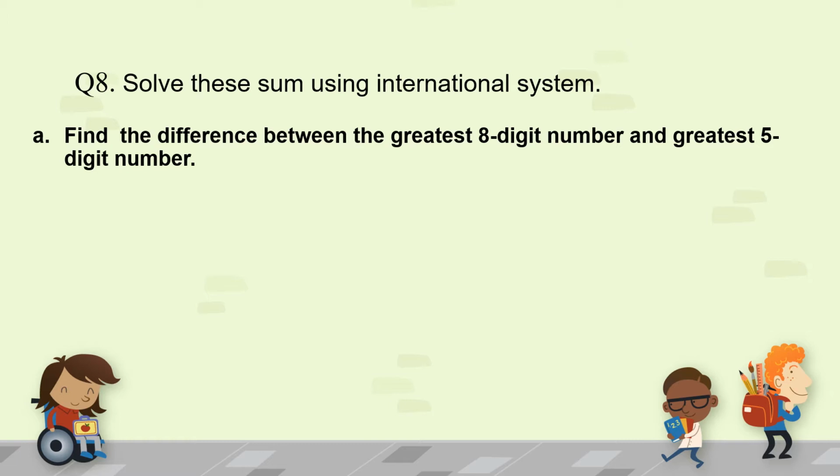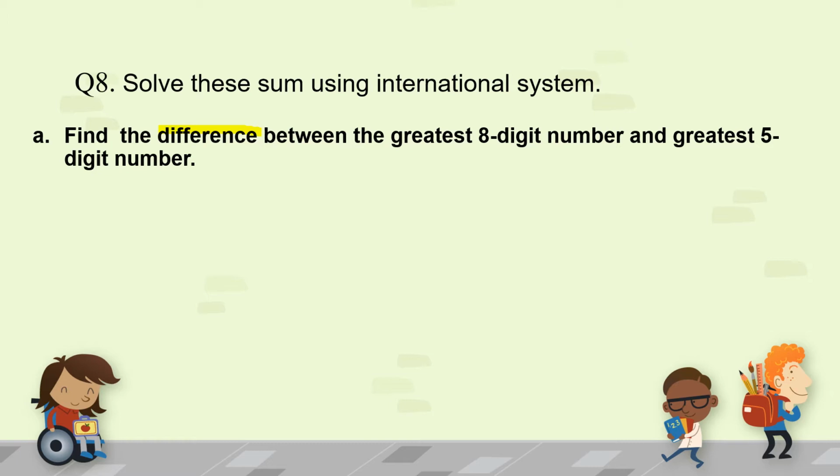Part A is: find the difference between the greatest 8-digit number and the greatest 5-digit number. So here the very first thing is this word difference. I'm going to highlight the word difference.